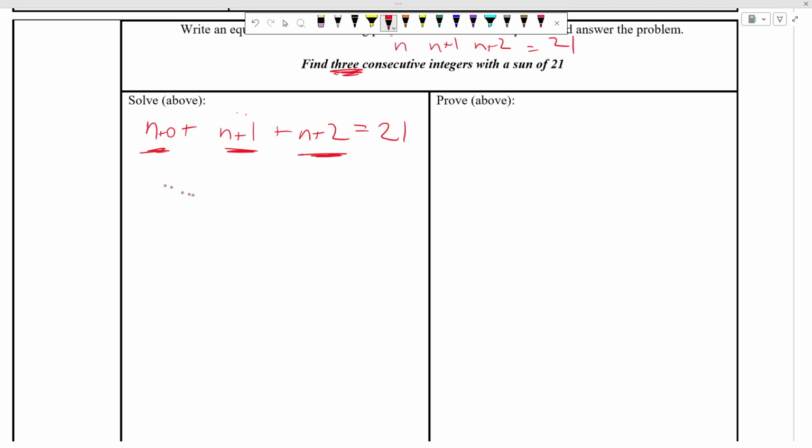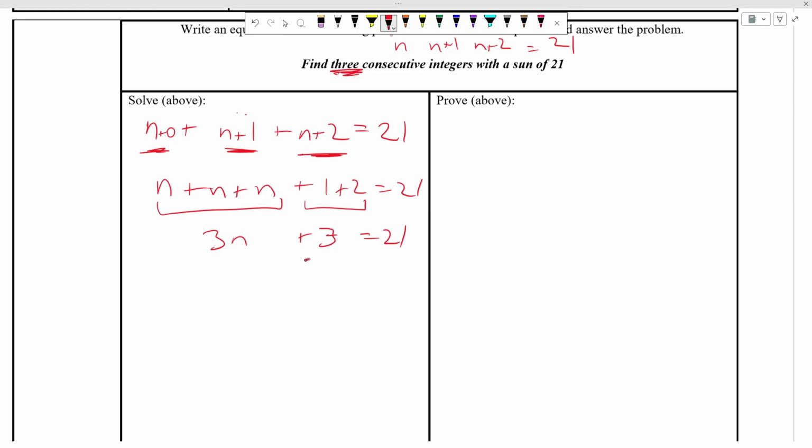Anyways, so here we go. If I rearrange some things here, then you will see that I can combine these to be 3n, and I can combine these to be plus 3, and that's 21.